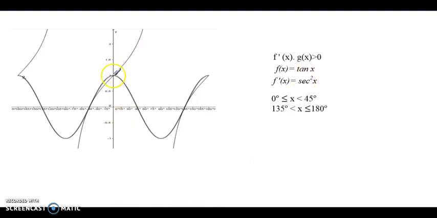What happens when a function is increasing? The derivative at a point on that curve is positive. So if the derivative is positive and the function is positive, I will get a positive result.